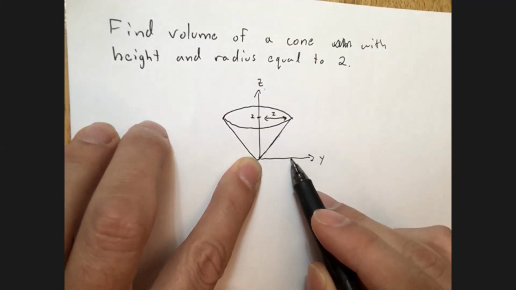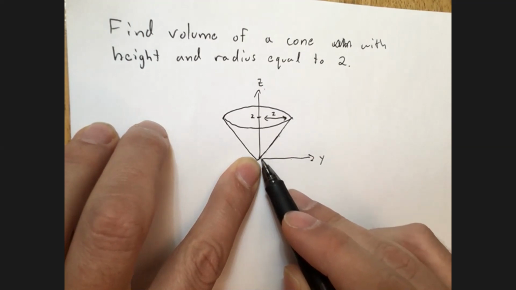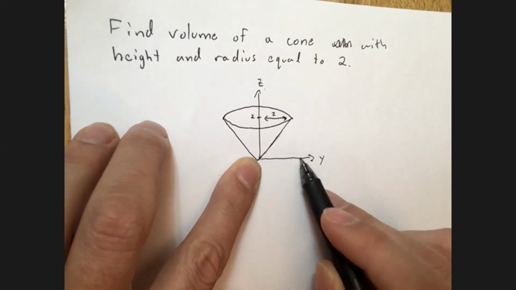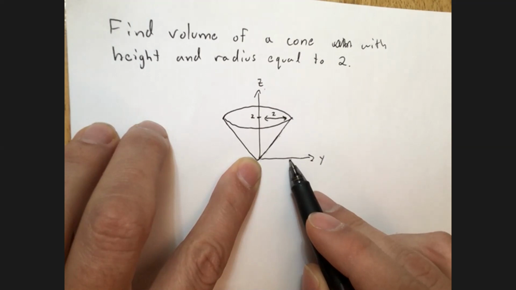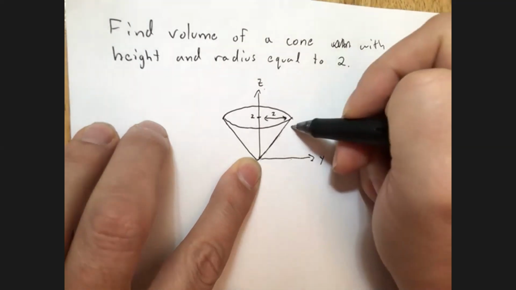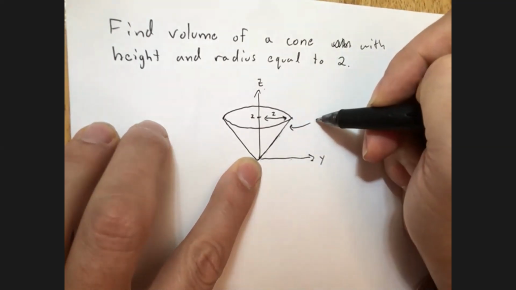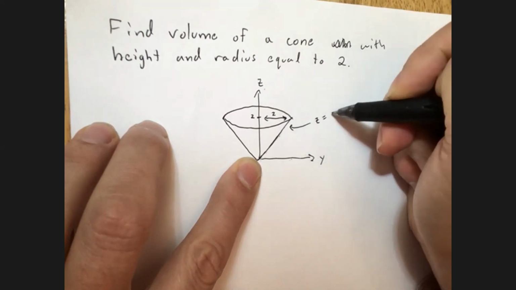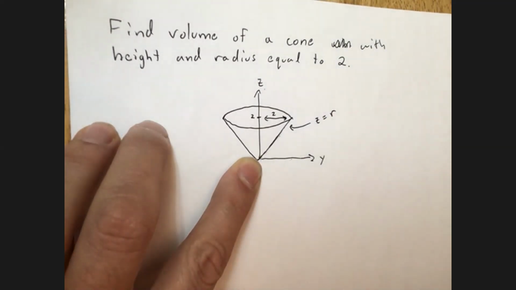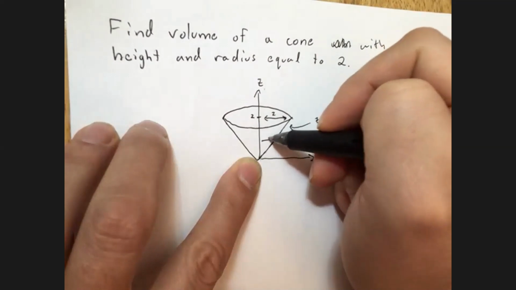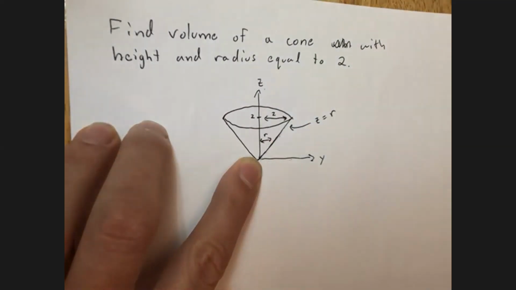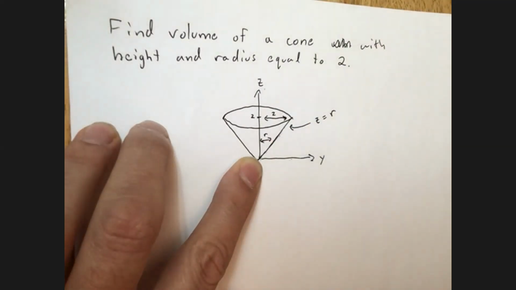Because r is just the distance from the z-axis, and in this plane, so is y. So you can see that this line here is really given by z equals r. The height of this line is the same as the distance that line is from the z-axis.